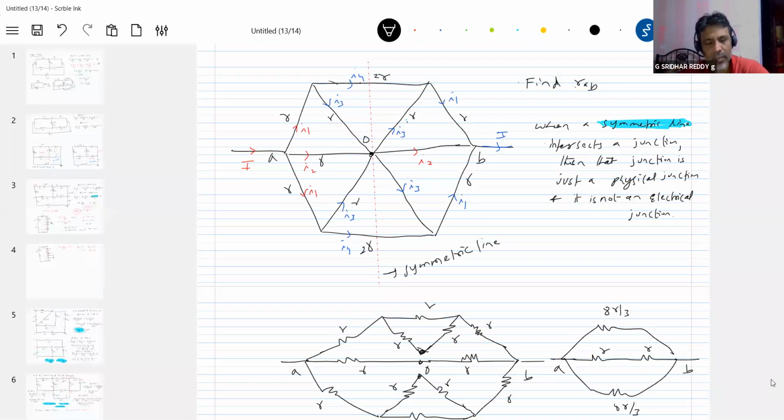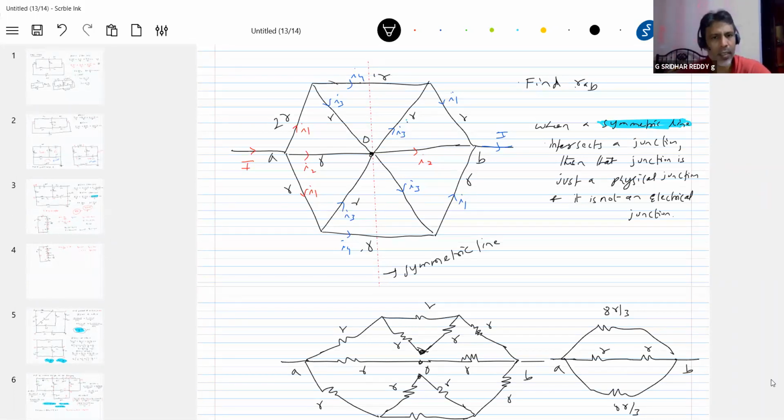Now it will become only a physical junction, but only when above is 2R as well. Otherwise you can't divide current I1 and I1, because you can see that the circuit is not similar here. You have to write I1 dash. So then it will not become only a physical junction. If I make this 2R, will it be only a physical junction?